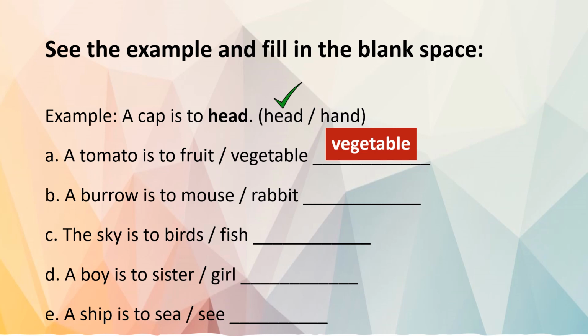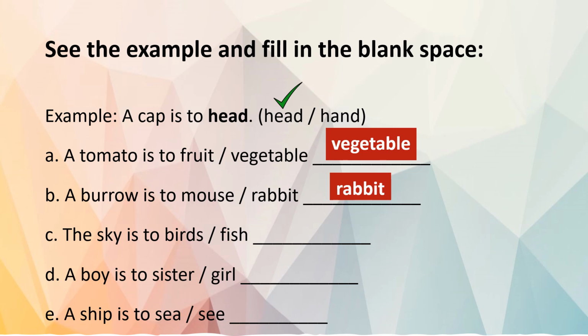The next one, a burrow is to dash, and the options are mouse and rabbit. Which one is the correct answer? Rabbit. Yes, rabbit's shelter is burrow. A burrow is to rabbit.